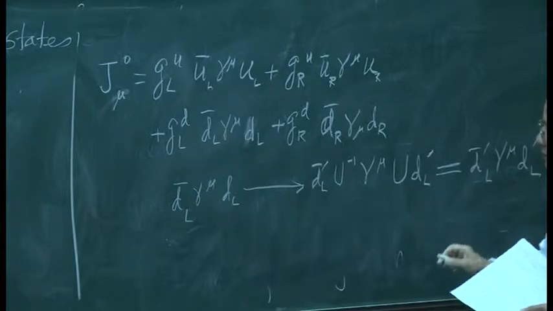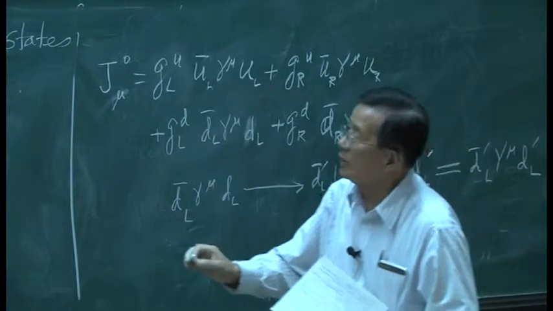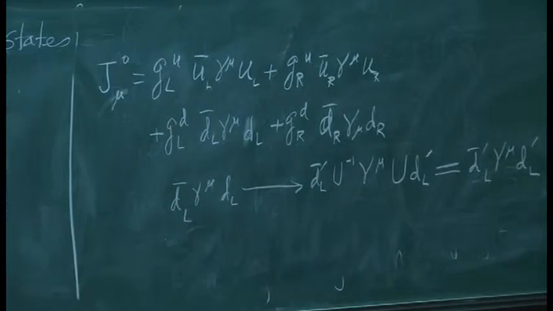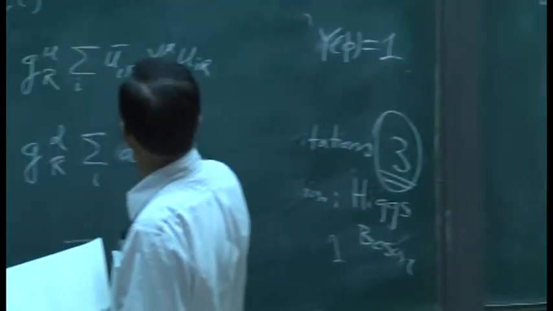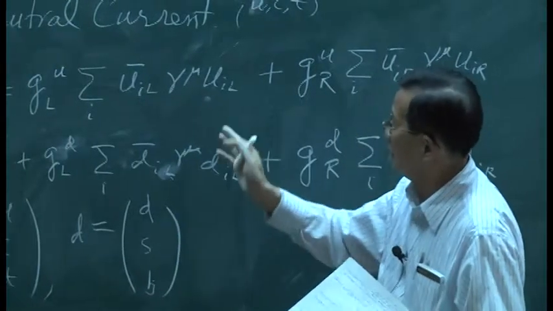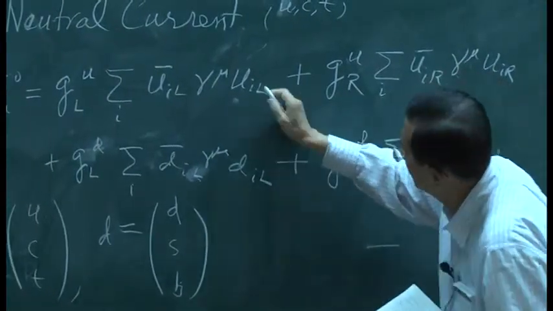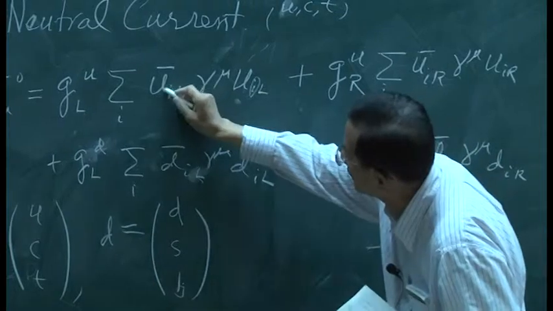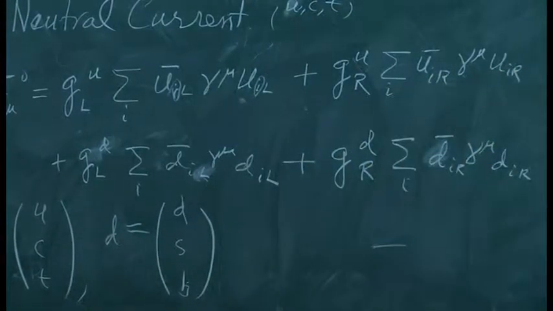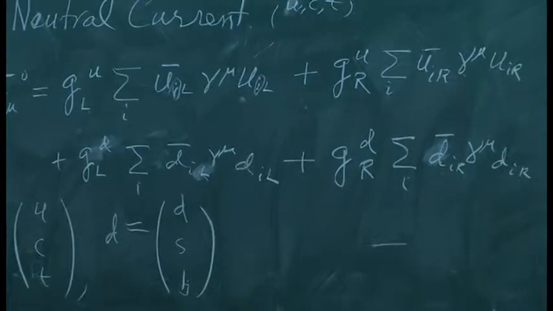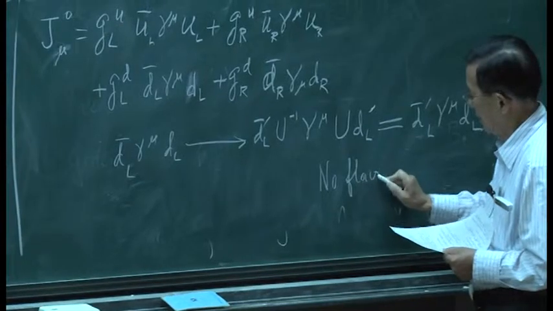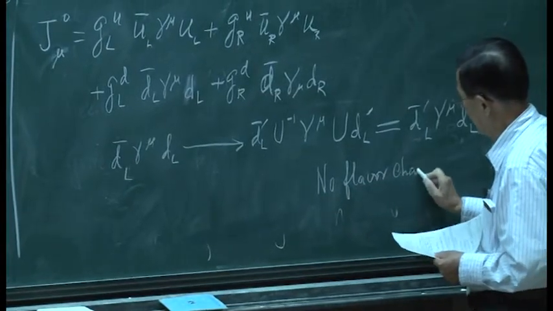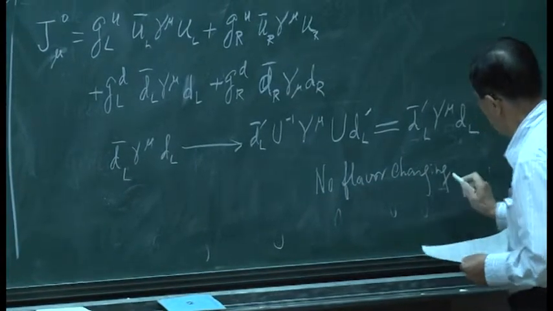Okay, so the idea is that in the original, there are no flavor changes. U to U and D to D. The flavor here and here are the same. And then after the unitary transformation, they still stay the same. So no flavor changing neutral current.